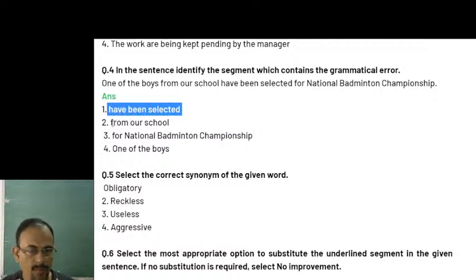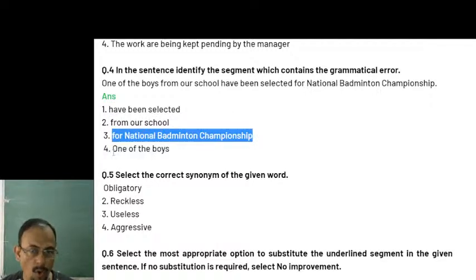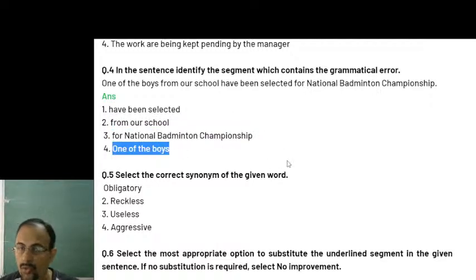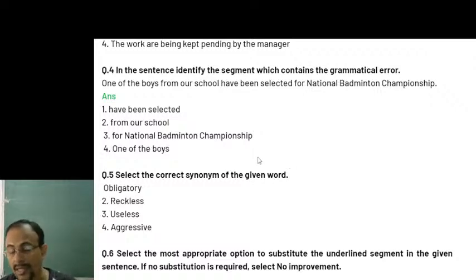Is it from our school, for national badminton championship, or one of the boys? So which one do you think is the correct answer? It means which part of the sentence do you think has some error in it? Please identify that part which contains error from the options given, and then also tell me what should be the correct correction of that part.